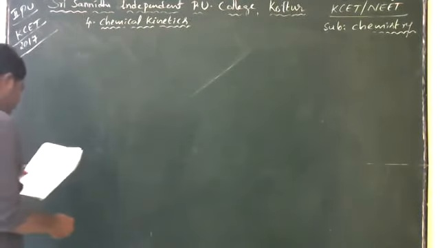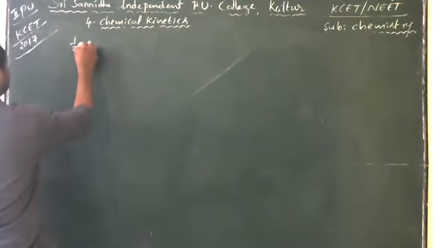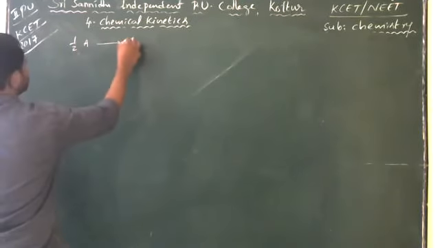What is given? For a reaction, 1 by 2A gives rise to 2B.